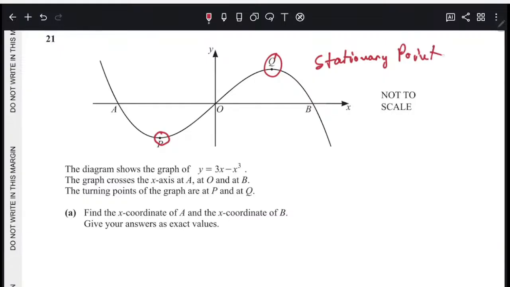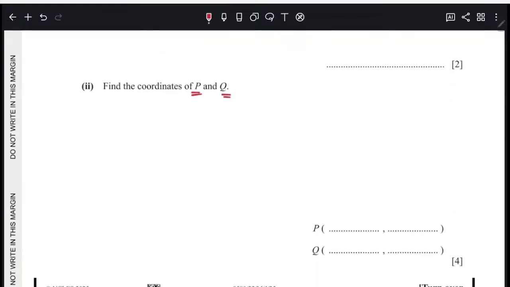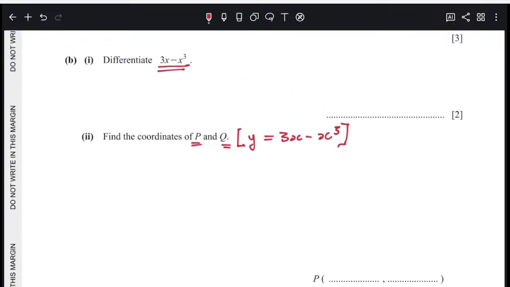They want the coordinates of the stationary points. What's this graph? It's y is 3x minus x cubed. So you say here, y. Find the coordinates of the stationary points on a graph. y is 3x minus x cubed. This is the graph. So for this graph here, let me see if you'll be able to do it. You need to find the stationary points. Can you do it, please? That's your question 1.